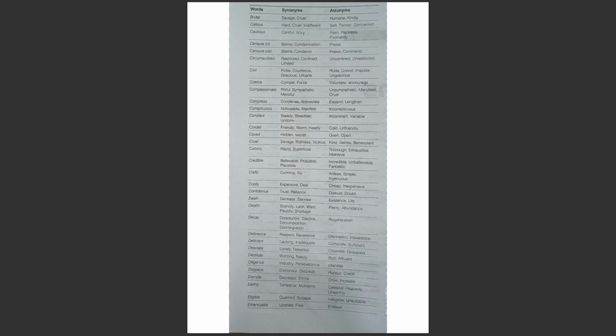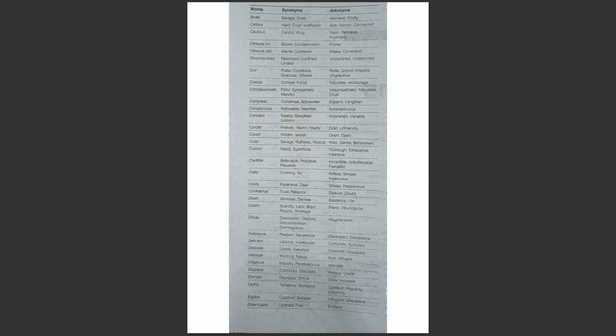Superficial मतलब ऊपर ऊपर से. You're not going into details, you're not going in depth because you don't have that kind of time. So rapid, superficial, hasty, quickly, these are all the synonyms of cursory. And the antonym of the same would be thorough, exhaustive, intensive, in depth. That would be the antonym of it.